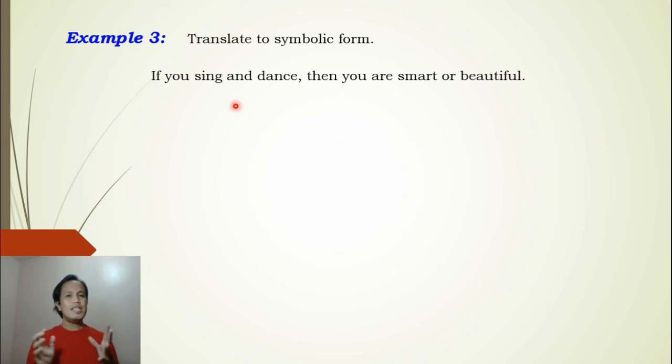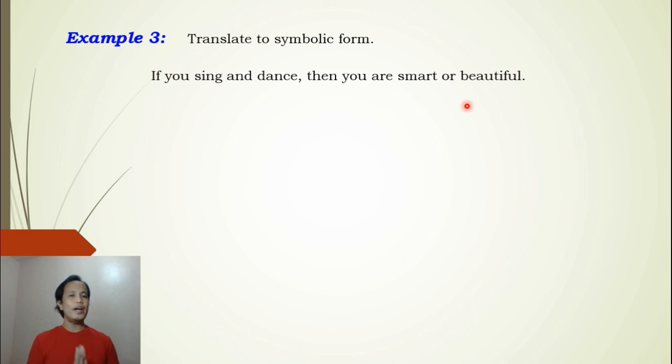So we need to dissect this statement one by one. As a whole, this is an if-then statement, which is an implication. In this statement, we have the connector and, which is a conjunction.